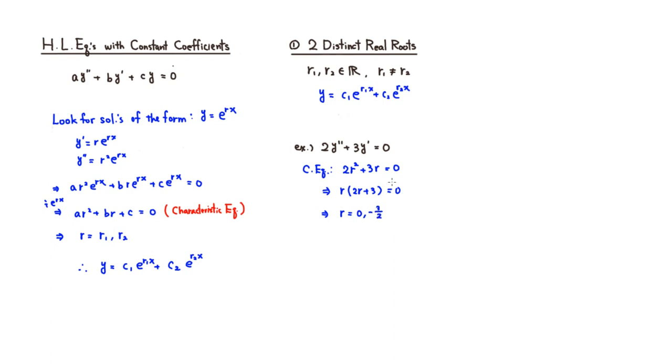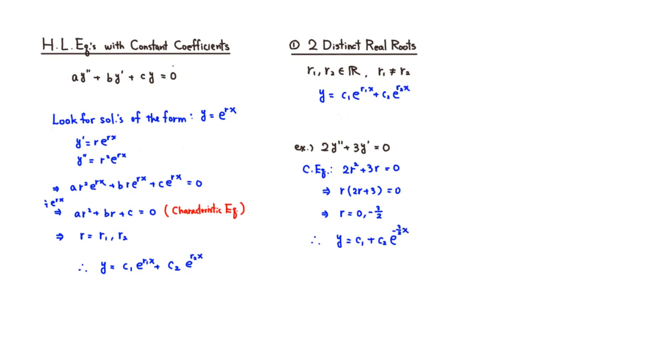Therefore the solution is y equal to c1 times e to the 0x, which is 1, so c1 times 1, plus c2 times e to the negative 3/2 x.